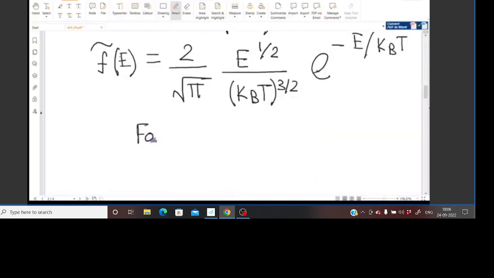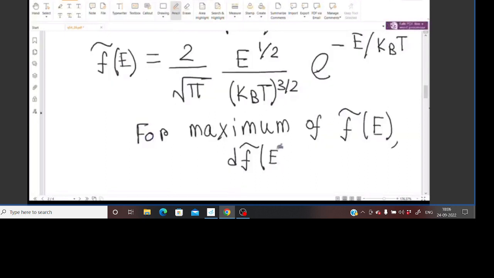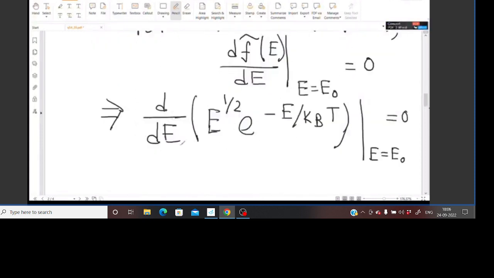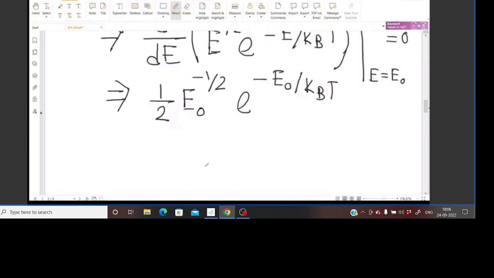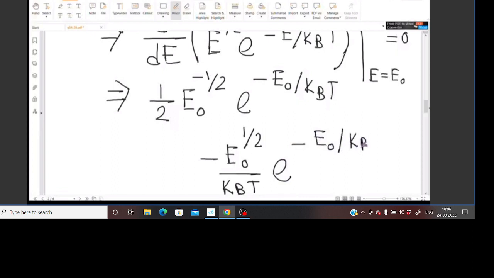Now for the maximum of f tilde(E), we have d f tilde by dE equal to 0. So d by dE of E to the power half into e to the power minus E by kBT equals 0. This means half into E0 to the power minus half into e to the power minus E0 by kBT minus E0 to the power half by kBT into e to the power minus E0 by kBT equals 0.